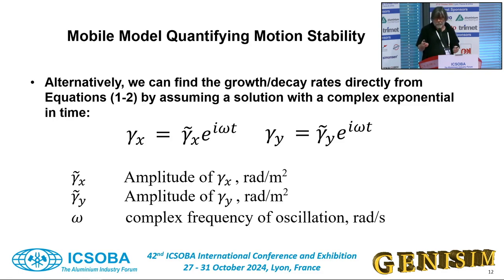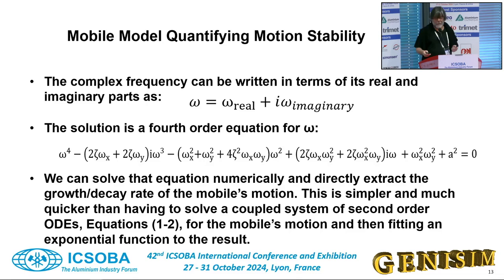So the frequency is the real part, and the imaginary part is the growth rate. And then if you do the algebra, you have to solve this long equation. You find the root of this equation in complex space, and then you get your solution.